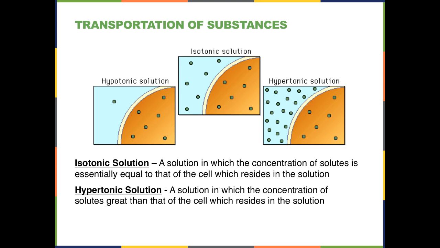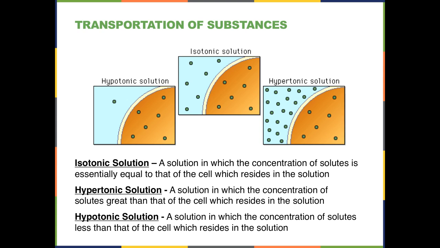And there are situations where there is active pumping of material out of the cell. Sodium, for example, is pumped out of the cell so that the concentration of sodium outside the cell is greater than the concentration of sodium inside the cell. So it's hypertonic with respect to sodium, and that is maintained by the act of transport.